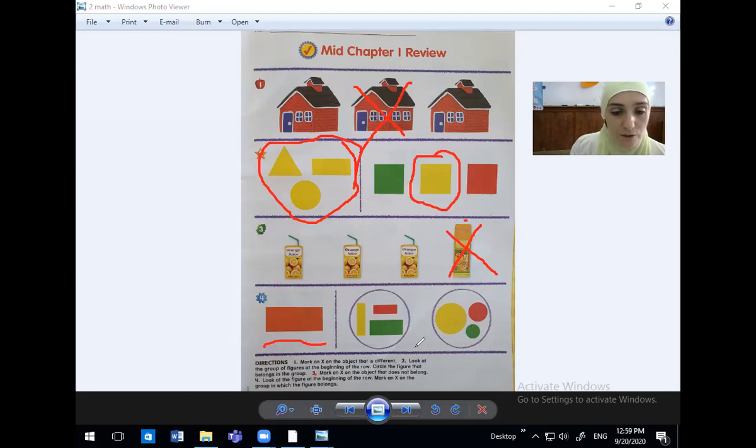To which group this figure belongs? You see that in this figure you can find this red rectangle. So we cross out this group because this rectangle belongs to this group. Okay, good. So, and I clear all this to move to another page.